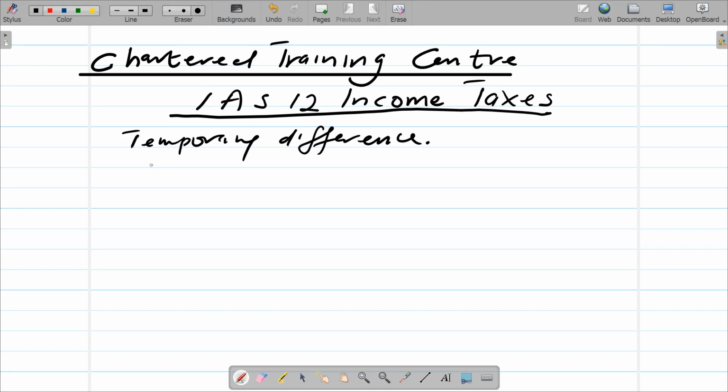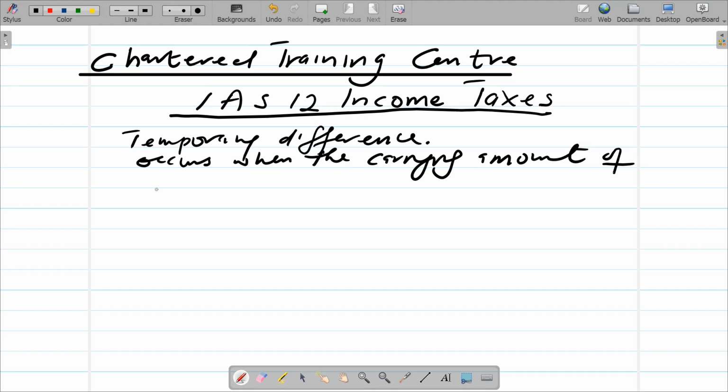The temporal difference occurs when the carrying amount of an asset is more than the tax base.